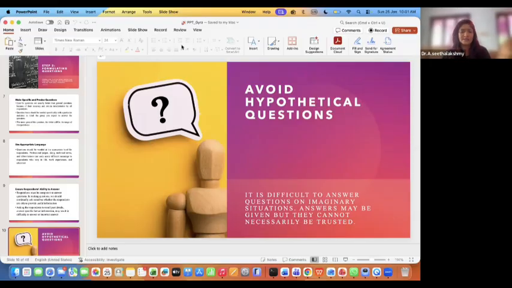If a question like this is asked, you may not get the appropriate answer, because everybody's imagination is different. A person's thought process depends on their age, their experience, so many things. It's a cognitive process, and an answer may be given, but you cannot trust that answer.